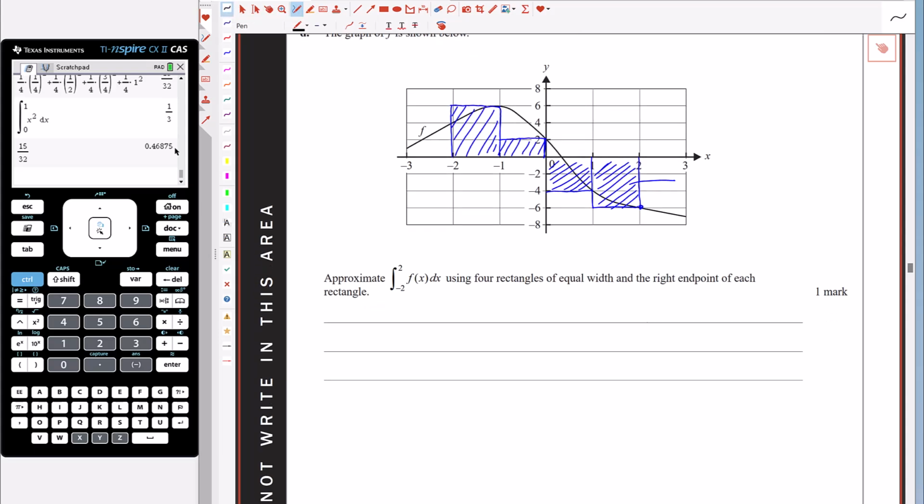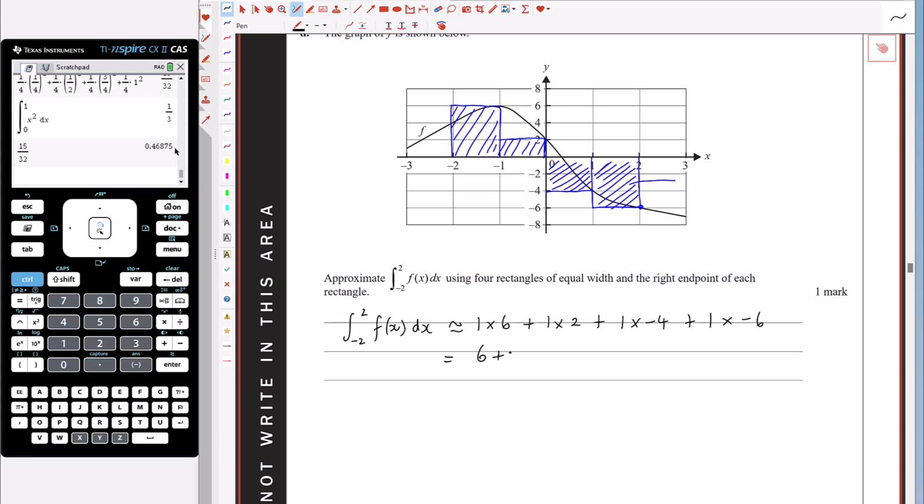Okay. So to approximate this integral is going to be approximately equal to, each rectangle has a width of 1, so the first rectangle has a width of 1 and a height of 6, plus a width of 1 and a height of 2, the next rectangle, plus the next rectangle width of 1 and a height of -4, because we're just finding a definite integral, it's not about area, plus a width of 1 times a height of -6.